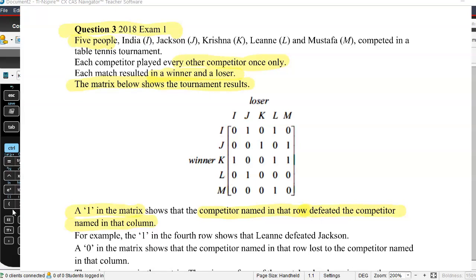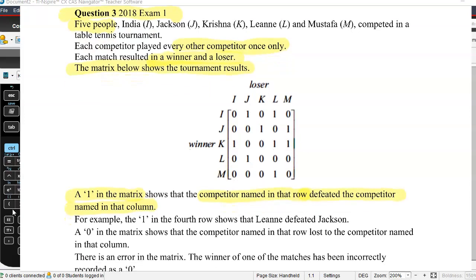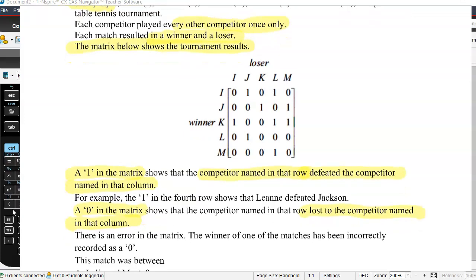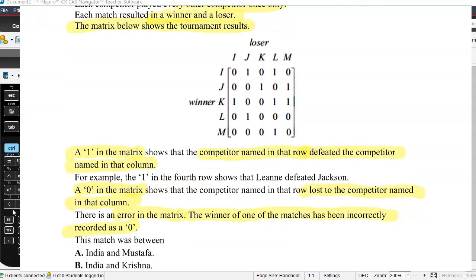Okay, so here are the winners, here are the losers. Okay, a 0 in the matrix shows that the competitor named in that row lost to the competitor in that column. Okay, there is an error in the matrix. There's a mistake somewhere. The winner of one of the matches has been incorrectly recorded as a 0.